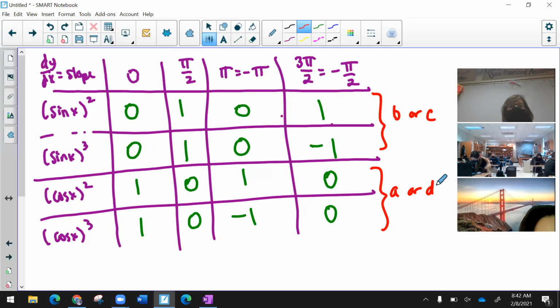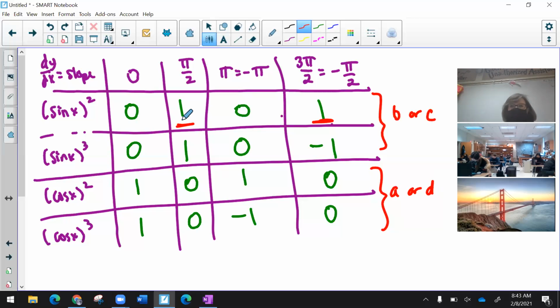Now let's look at what happens on either side of the origin. For sin(x²), negative pi over 2 has a positive slope of 1, and pi over 2 has a positive slope of 1. So basically I want my slopes to keep being positive.